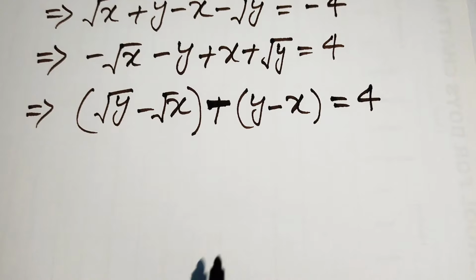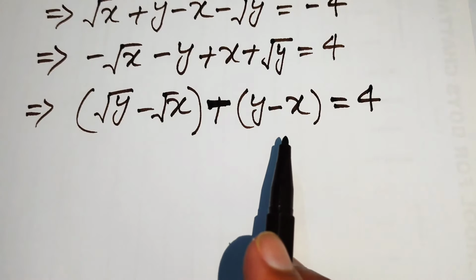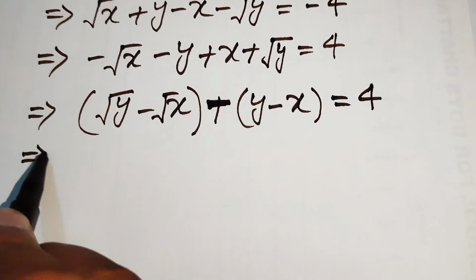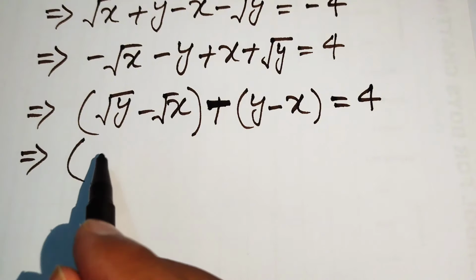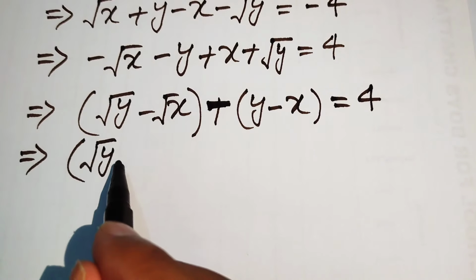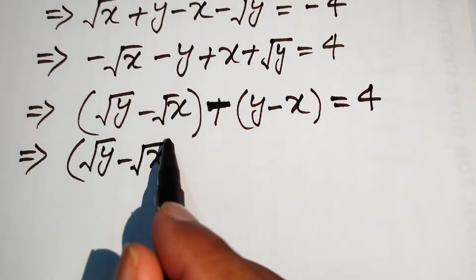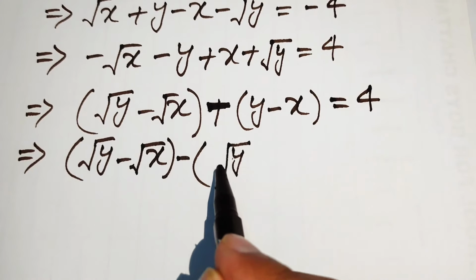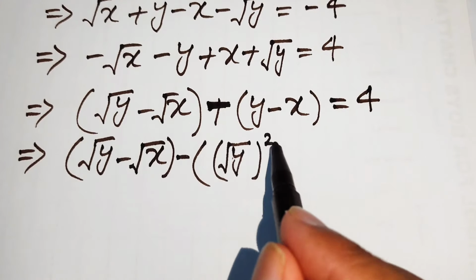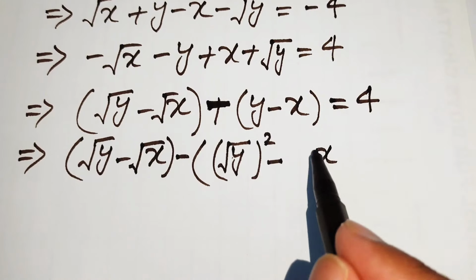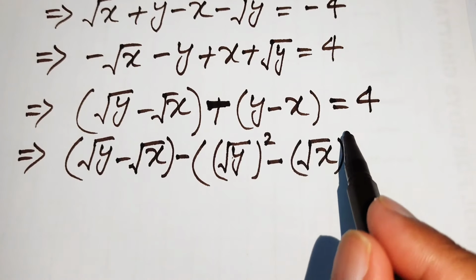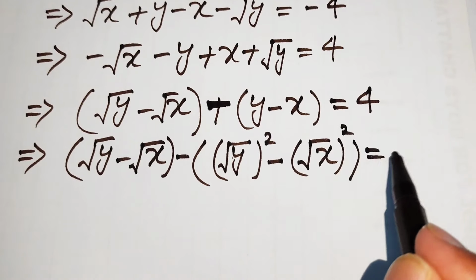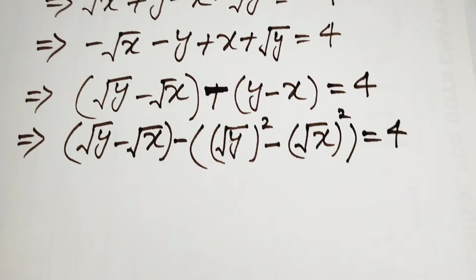So now you focus on this term y minus x, and we rewrite it as square root of y minus square root of x minus, we write y as square root of y whole squared, and x as square root of x whole squared, equals 4.